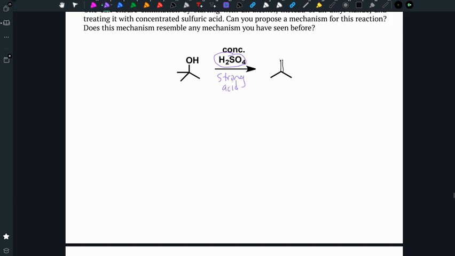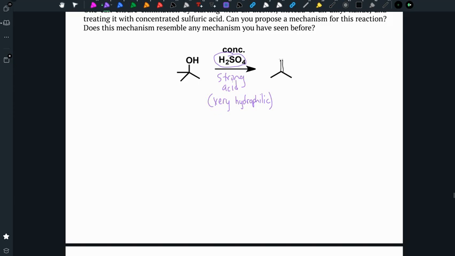And it turns out that water loves H2SO4. So in addition to being a strong acid, it's also very hydrophilic. That's going to come into play.